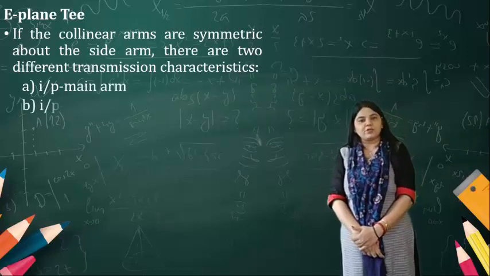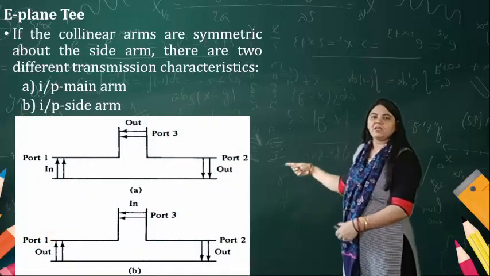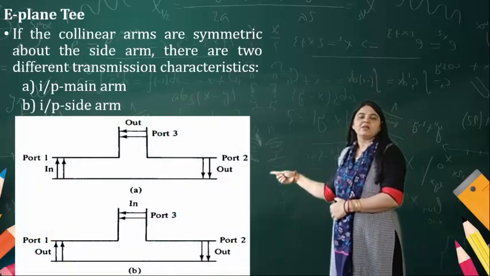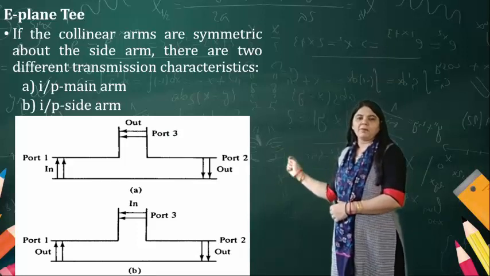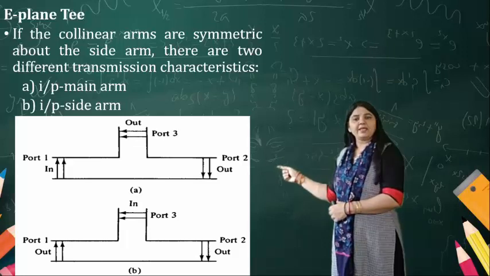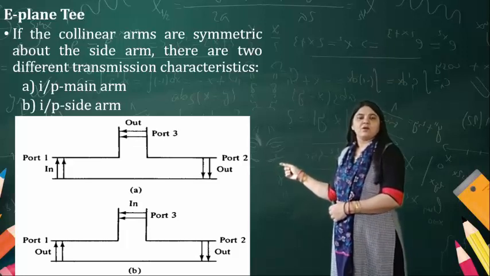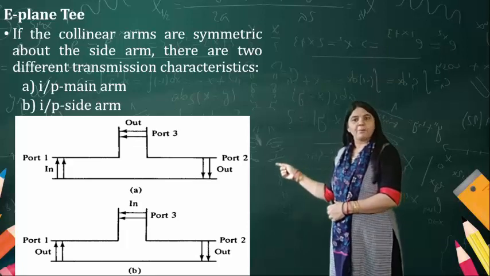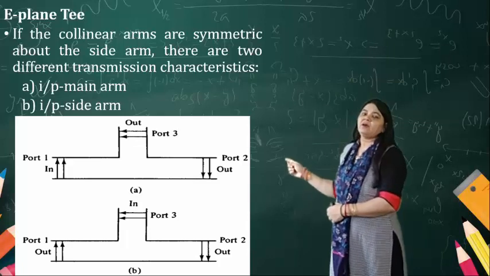One is the input at the collinear arm, another is the input at the side arm. Now here you can have the idea about it. Port number 1, port number 2, port number 3. If you apply the input from port number 1, then port number 1 and port number 2 have a 180 degree phase shift.